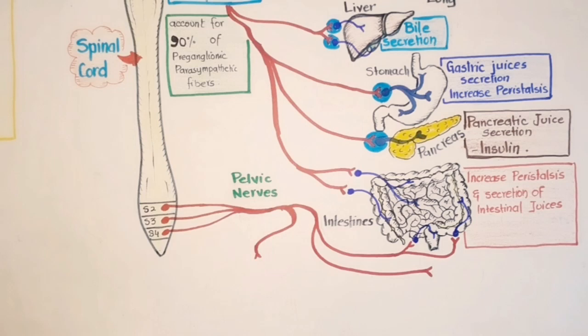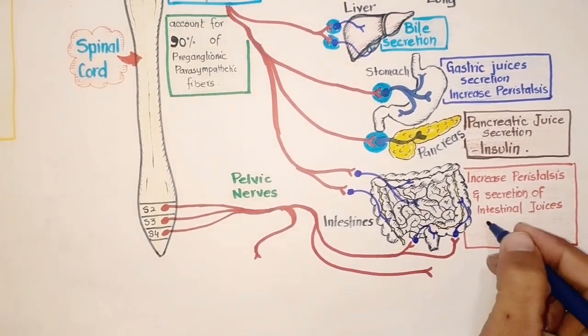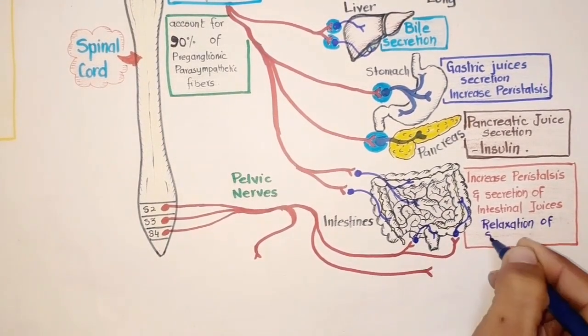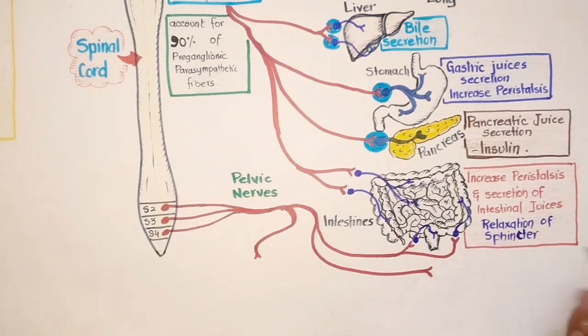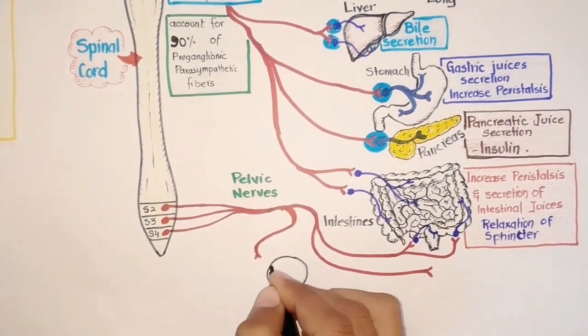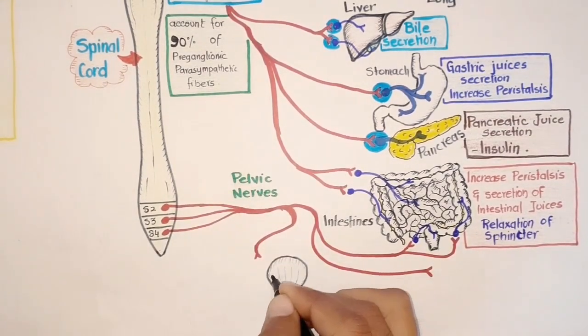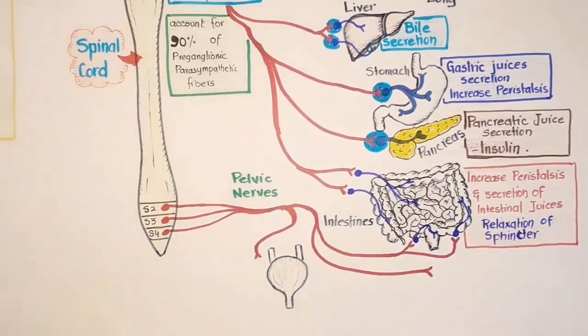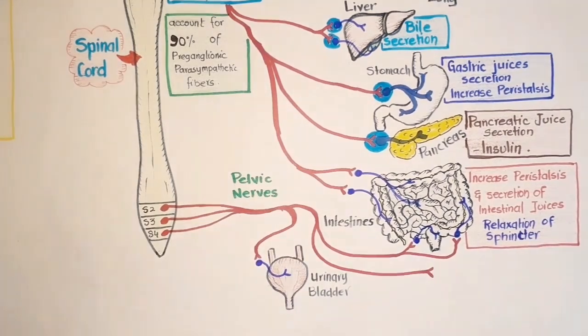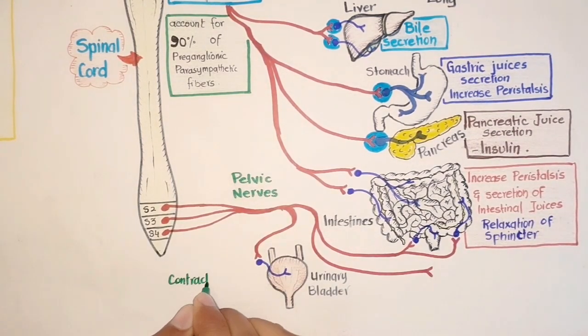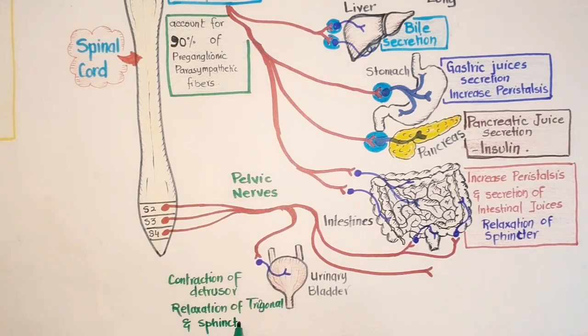While in the rectum, this system innervates the internal sphincter and causes relaxation of the internal sphincter. While here, the parasympathetic stimulation of the urinary bladder results in contraction of the detrusor muscle and relaxation of trigonal and sphincter muscles.